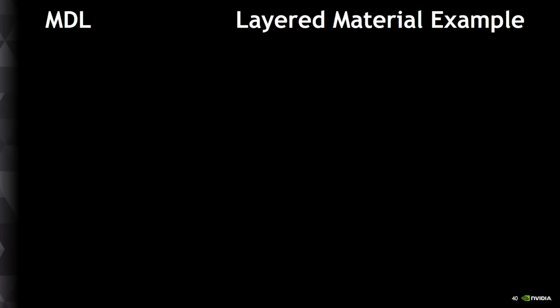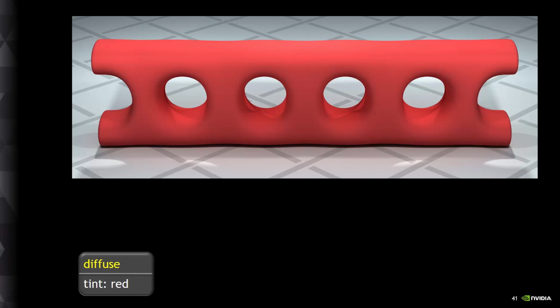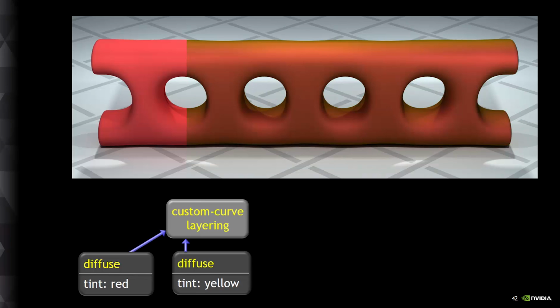So one more complex example in practice would be a layered car paint without flakes in this case that has multiple effects. We could start with a diffuse red reflection, but we might want to add some color shift at the edges. So we could do a custom curve layering of a yellow one, and then you would see that the diffuse effect would change to more yellowish at the edges.